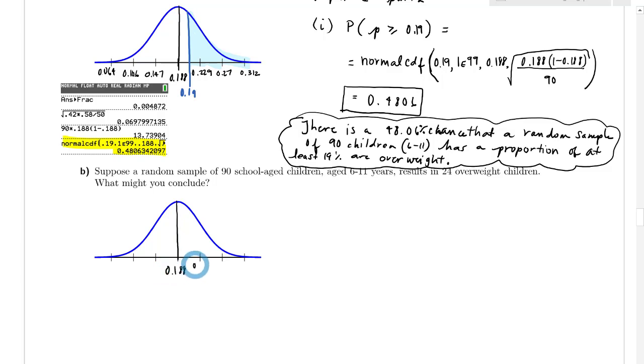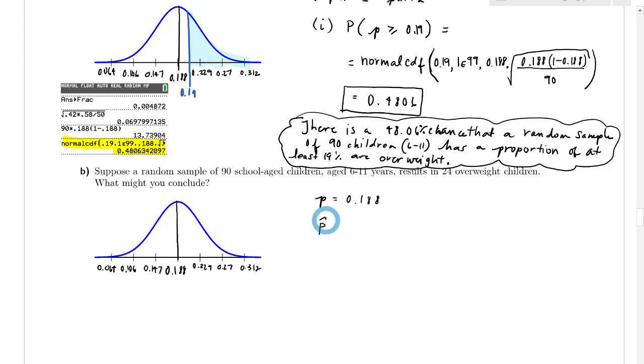And then I'll go ahead and put 0.229, 0.27, 0.312, 0.147, 0.106, and then 0.064.